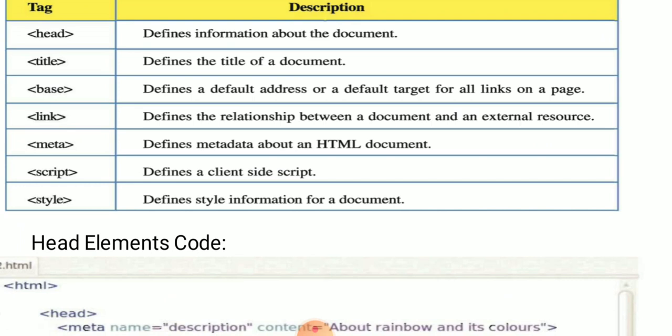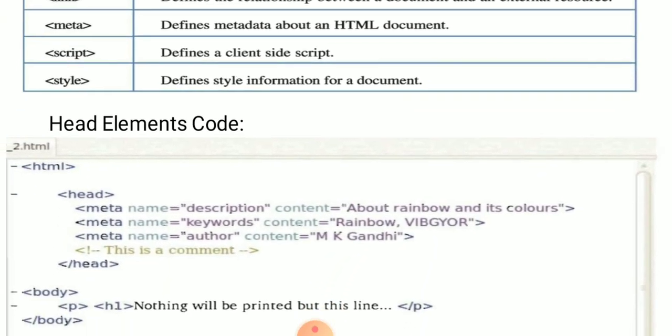Base defines a default address or a default target for all links on a page. Link is used to define the relationship between the document and external resources. Meta defines metadata about an HTML document. Script defines a client-side script. Style defines style information for a document.